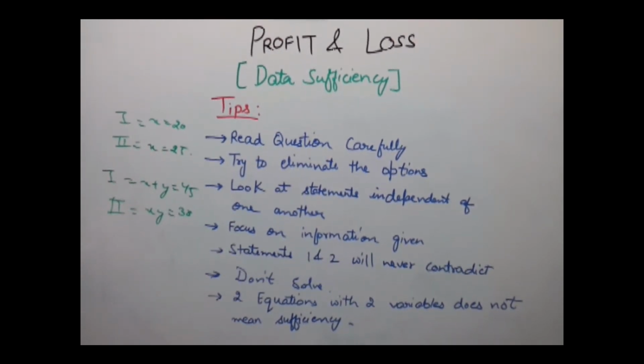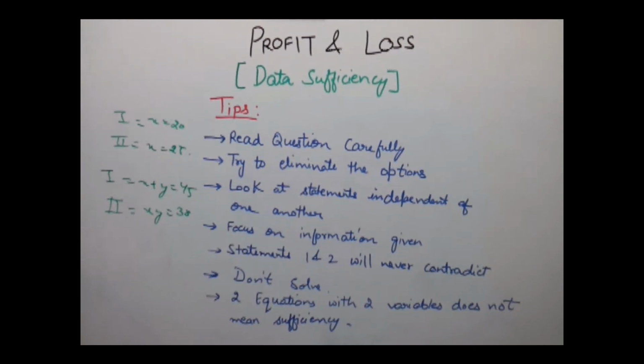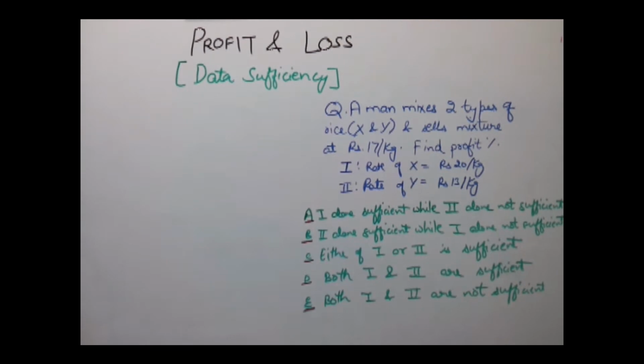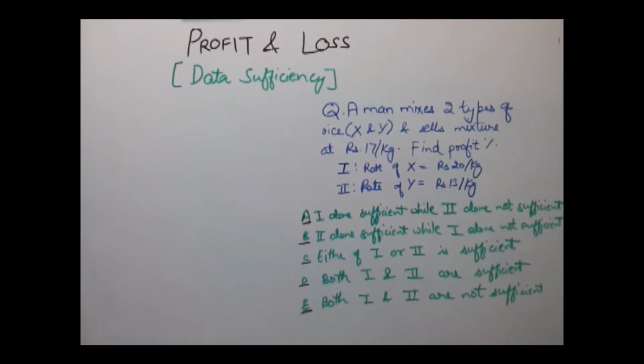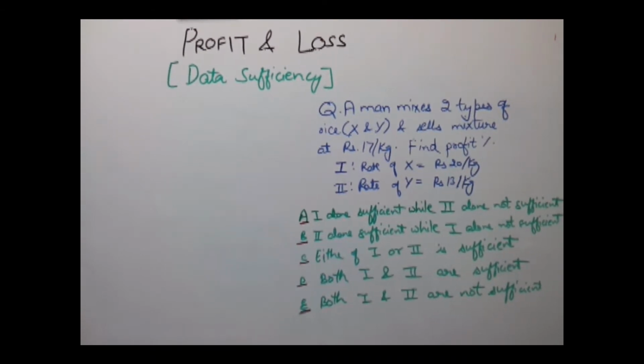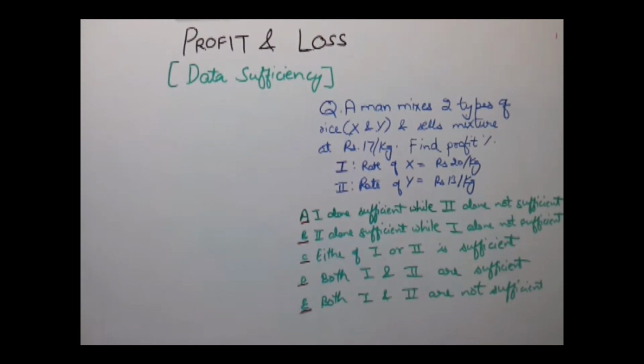Now let's solve some examples of data sufficiency. The example says: a man mixes two types of rice, x and y, and sells the mixture at rupees 17 per kg. Find the profit percentage. Statement 1: rate of x is rupees 20 per kg. Statement 2: rate of y is rupees 13 per kg.